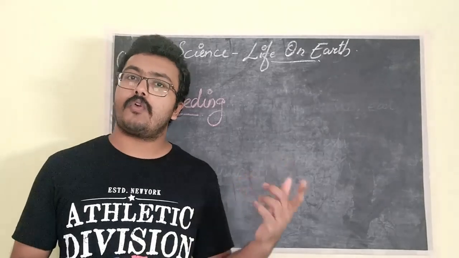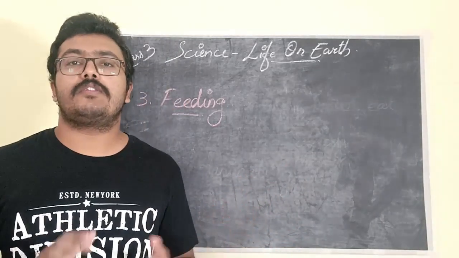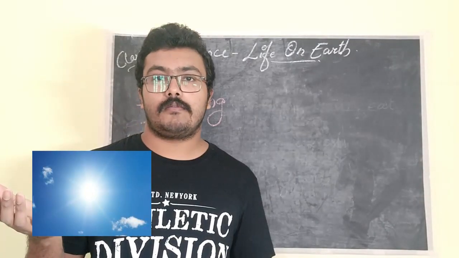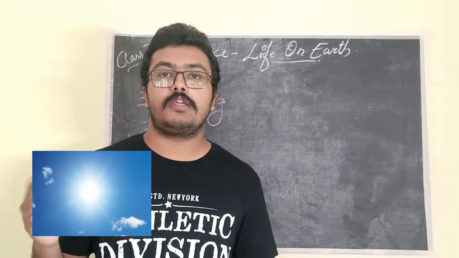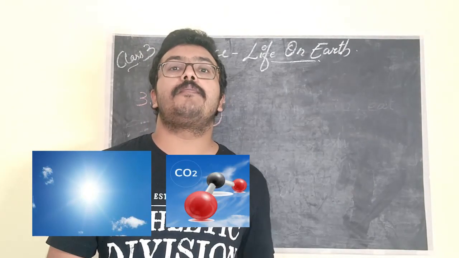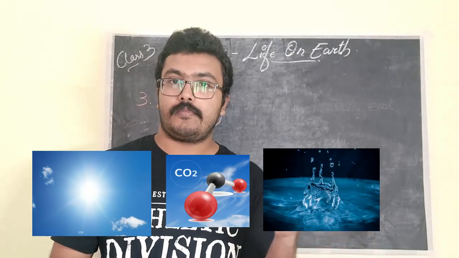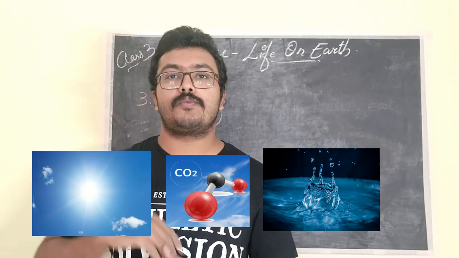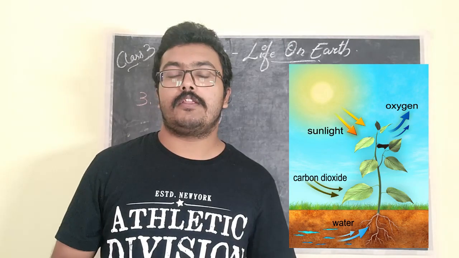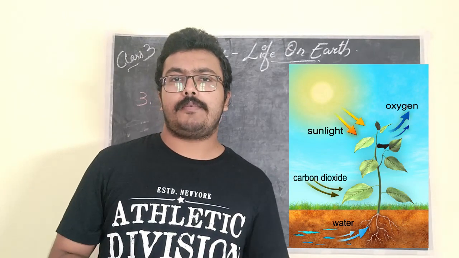Therefore, plants prepare their own food by using three things. Those are sunlight, the ultimate source of energy, second, carbon dioxide, and the third, water. So these are the three things which a plant uses to make their own food. Now what happens?